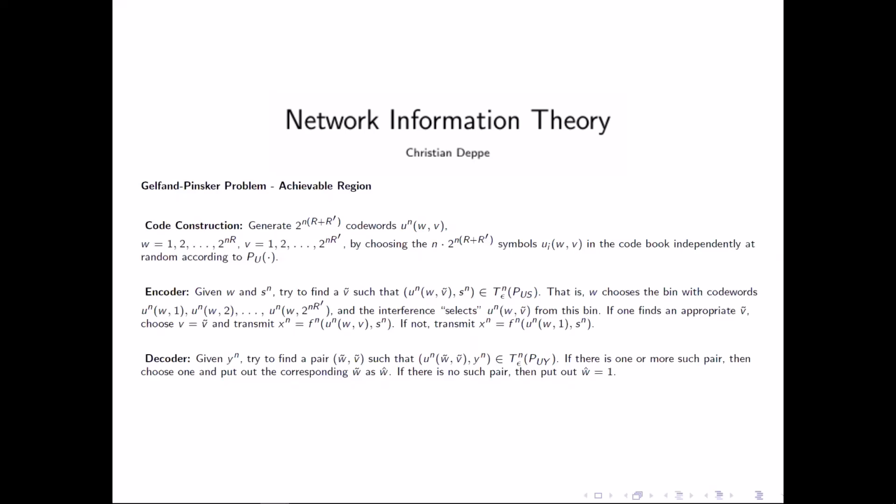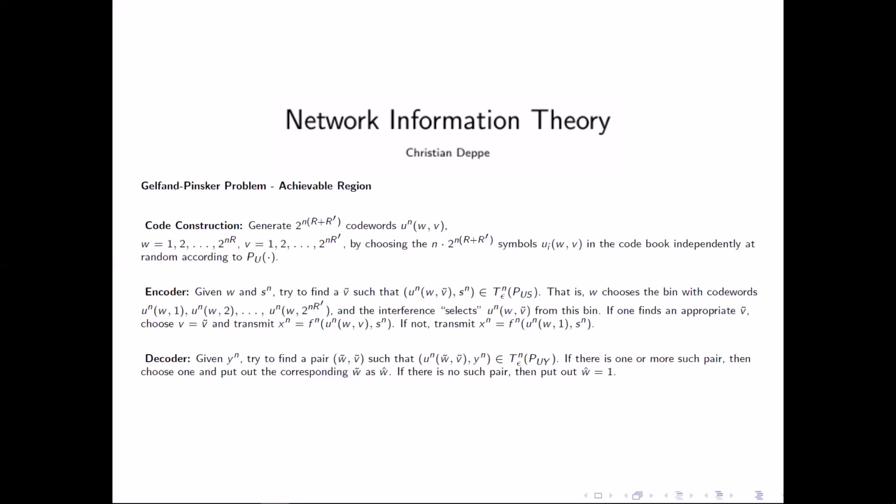So w goes from 1 to 2 to the nR, and v goes from 1 to 2 to the nR prime. So in total, we are choosing n times 2 to the n(R plus R prime) symbols in the codebook. And again, we choose them independently at random according to P_U.